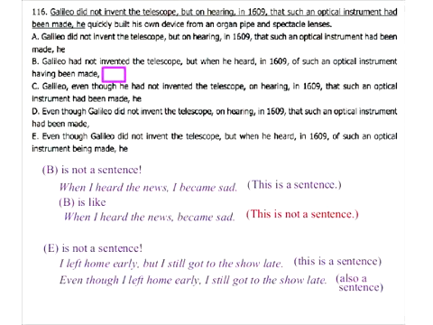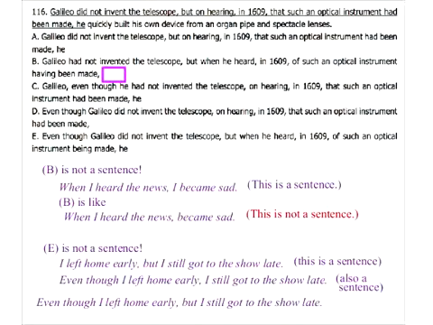I forget the name for them. I think they're called conjunctions or something. But the point is that they're things that connect stuff, and you can only connect these things once. You can't double connect them, otherwise you don't have a sentence. So, even though I left home early, but I still got to the show late.